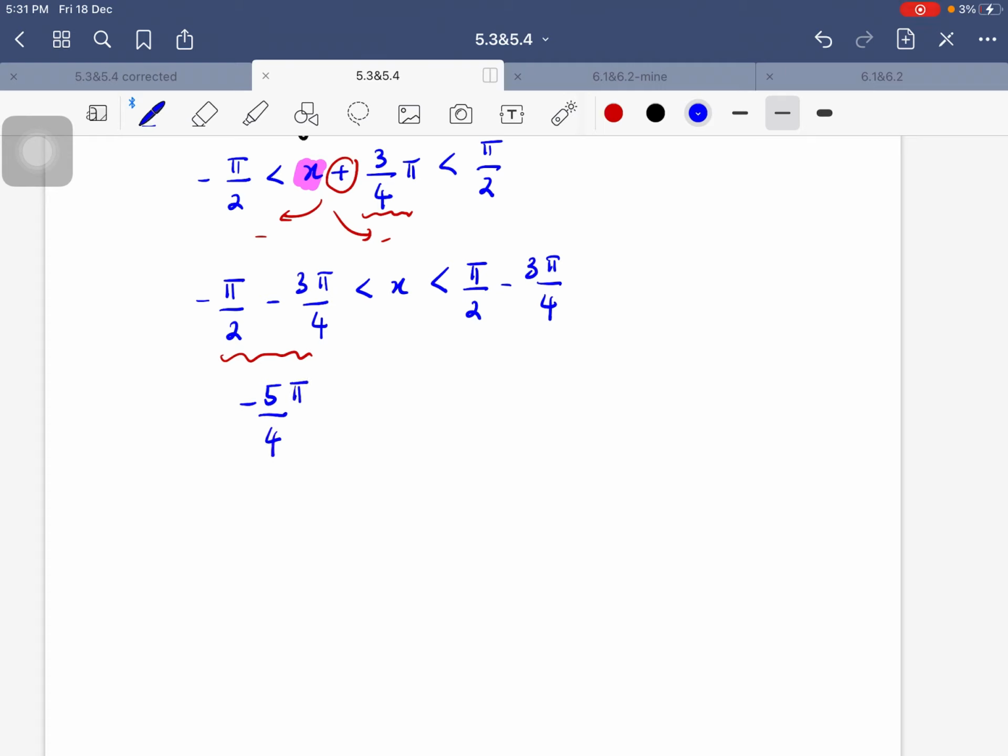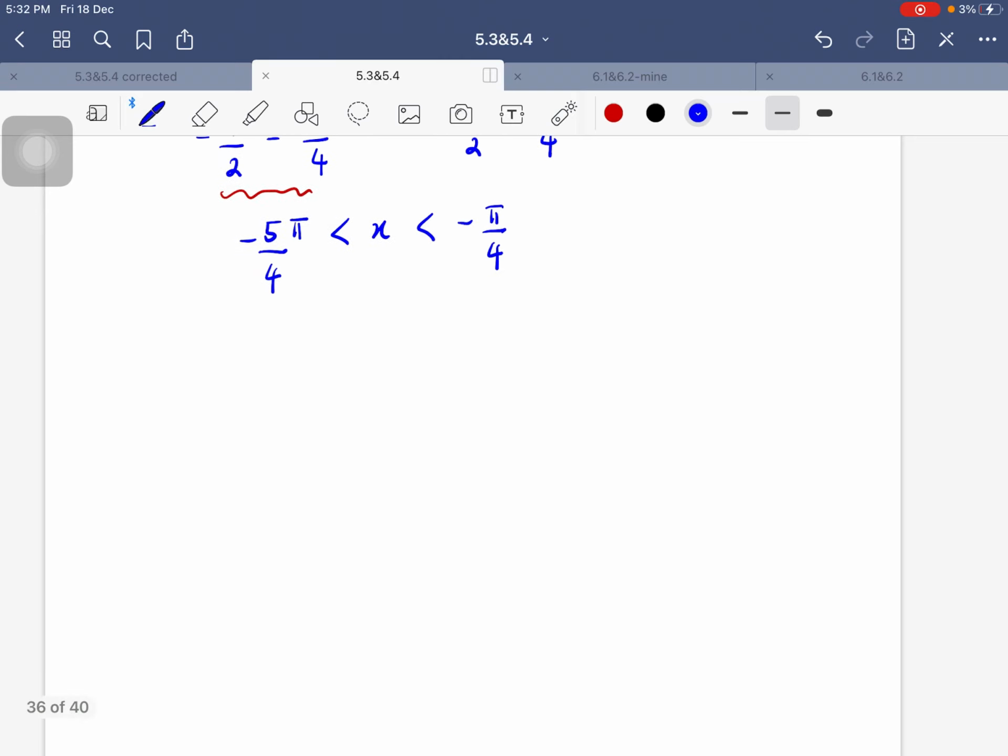So of course multiply this by pi, so it's going to be negative 5 over 4 pi, and x is going to be in the middle, and then I'm going to have 1 over 2 minus 3 over 4, and that is going to give us a value of negative 1 over 4, or negative pi over 4 when I multiply that by pi.